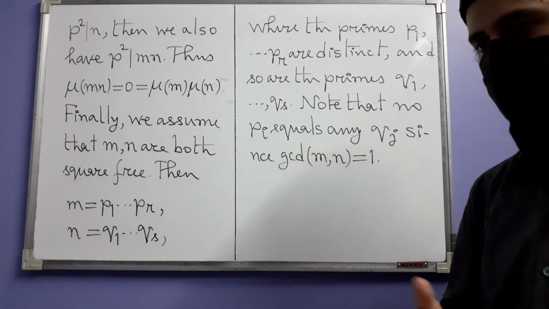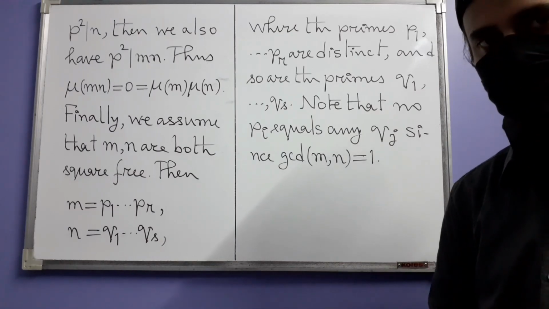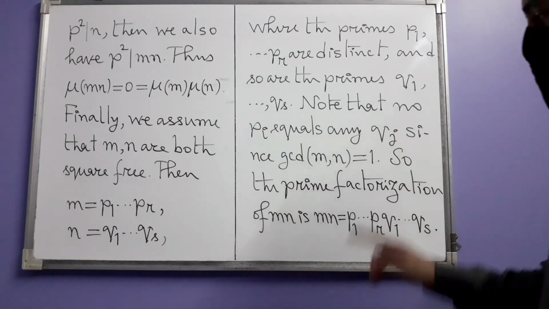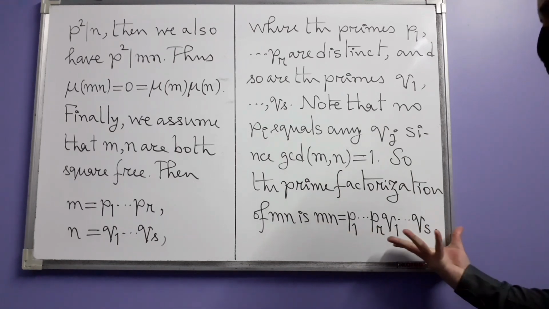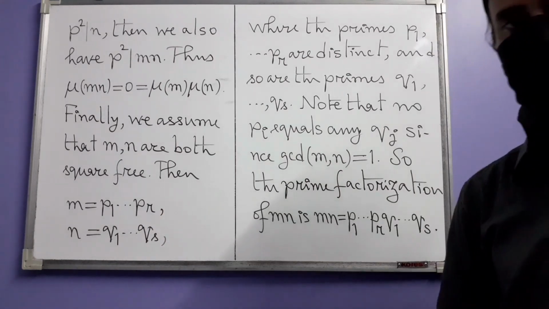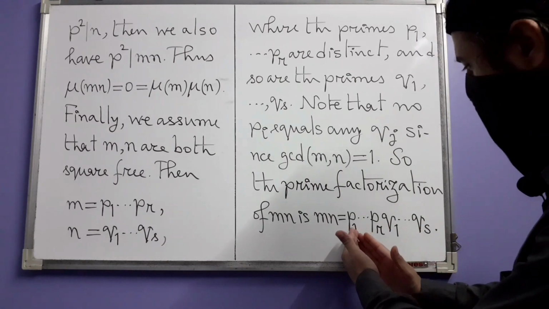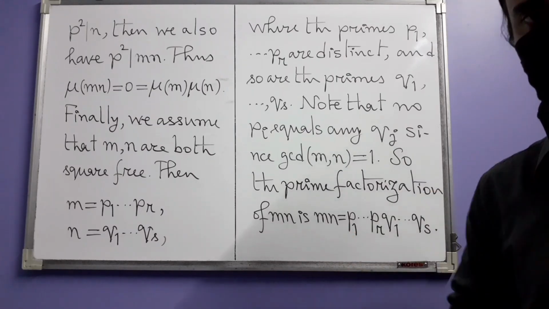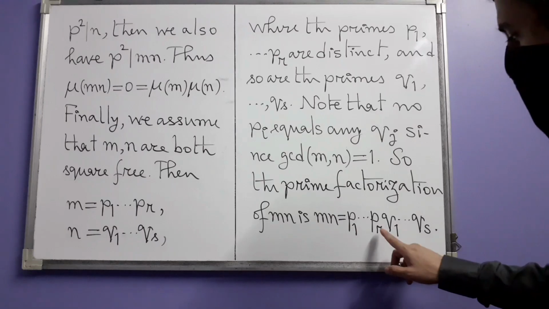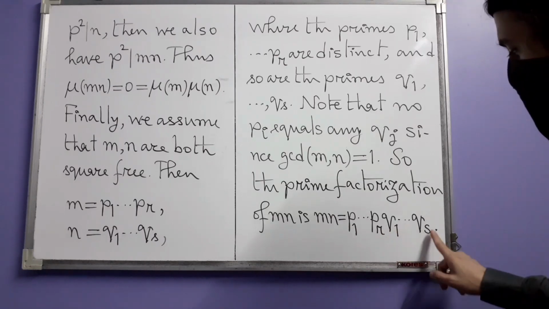So what can we say about the product of m and n? The prime factorization of mn is this times this, where again we have distinct primes. How many distinct primes do you see here? The number is r plus s.